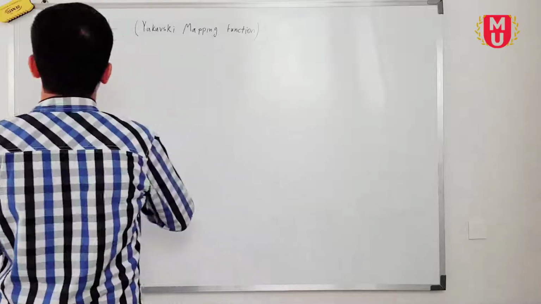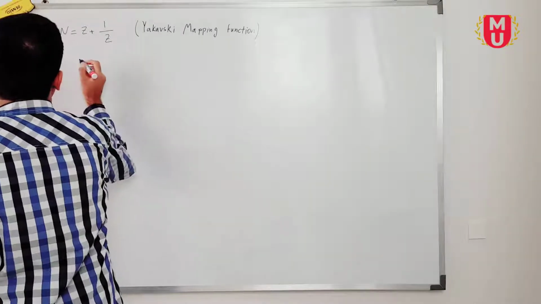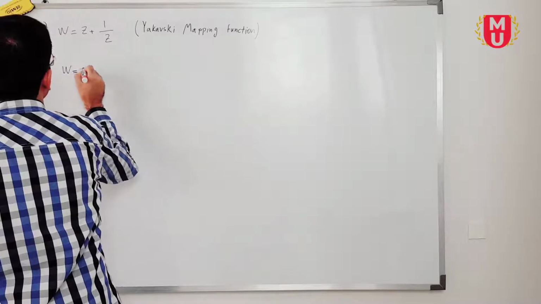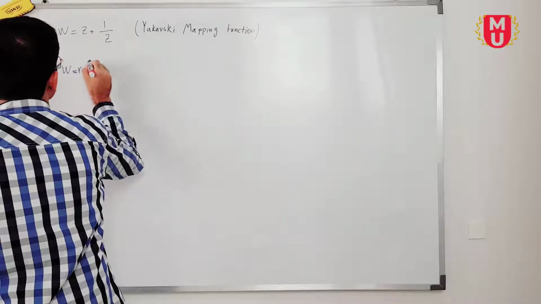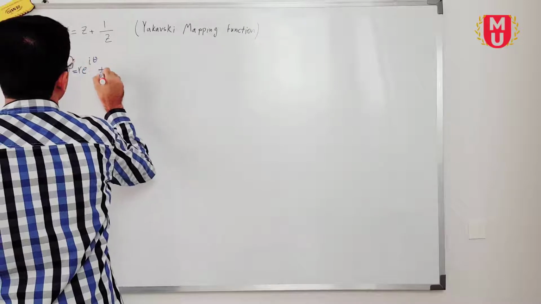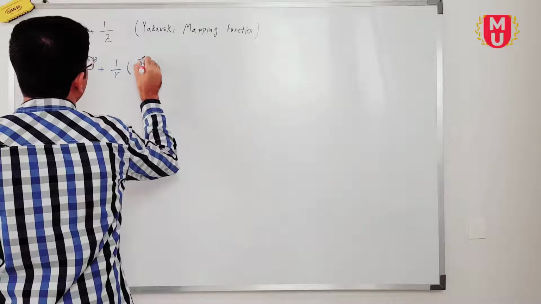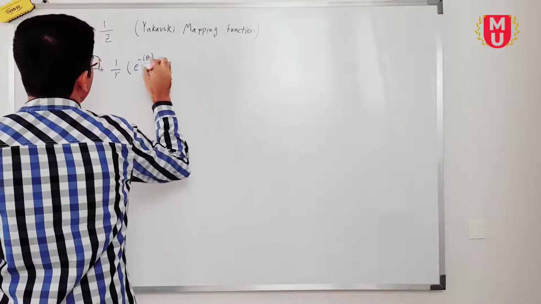It looks like this, and if we write it in Euler form, we will have r e to the I theta plus 1 over r e to the minus I theta.